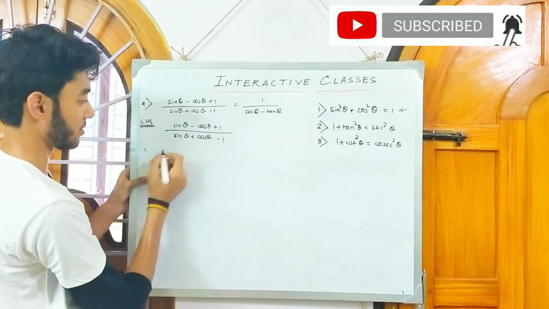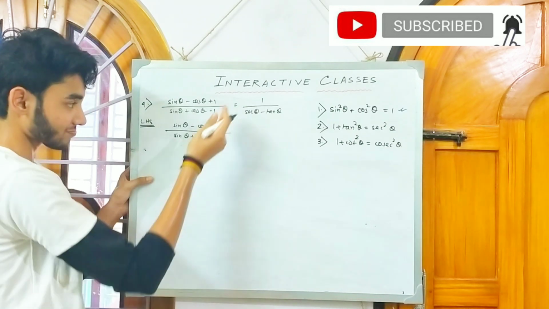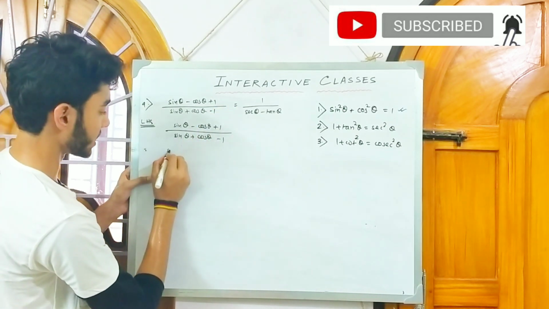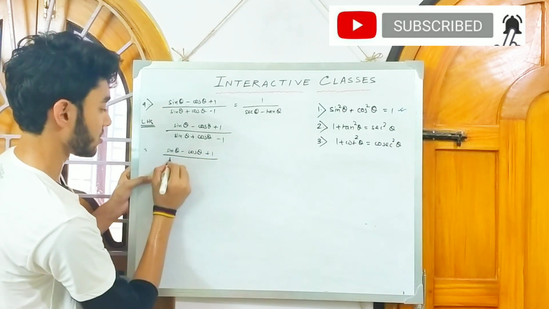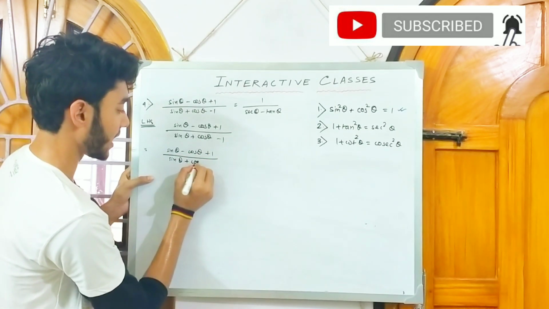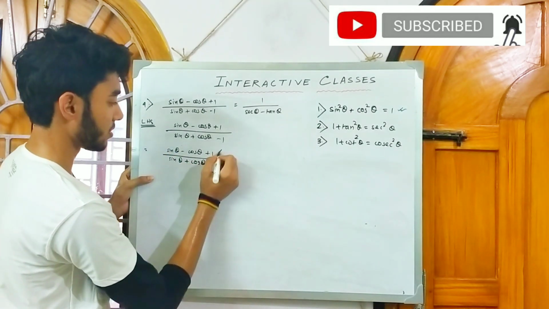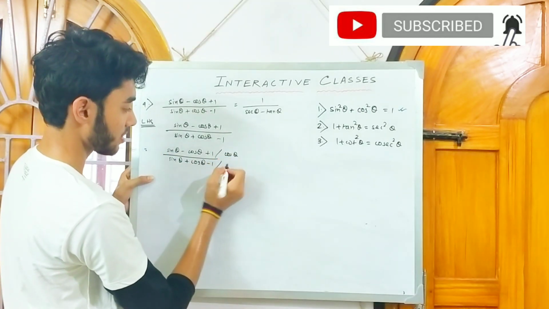So if we divide by cos theta, we get sin theta minus cos theta plus 1 by cos theta over sin theta plus cos theta minus 1 by cos theta.